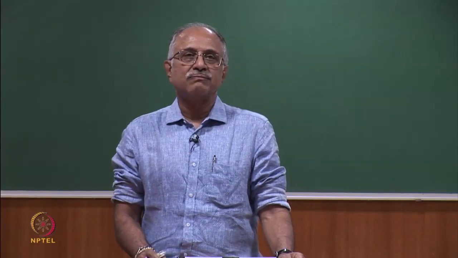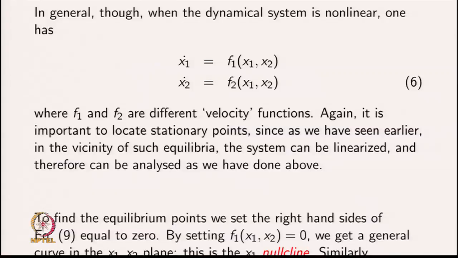When you have this general dynamical system which is nonlinear, the right hand side is specified by a function f1 of x1 x2 and f2 of x1 and x2, and these are different velocity functions, and they will depend on x1 and x2 in maybe complicated ways.